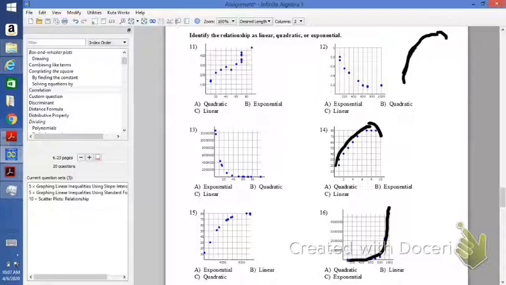So if it ever looks like it's coming back down, that is quadratic. If it just goes up and there's no indication that it would come back down, that's going to be exponential.